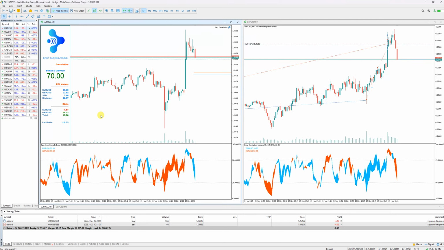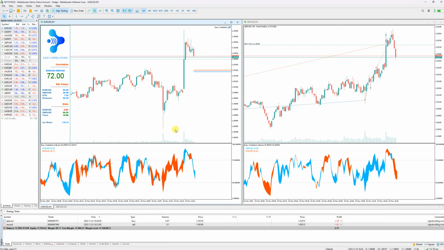So in order to determine the correlation, we're using the RSI values, and you can see this indicator here that you can have for free if you purchase this product.